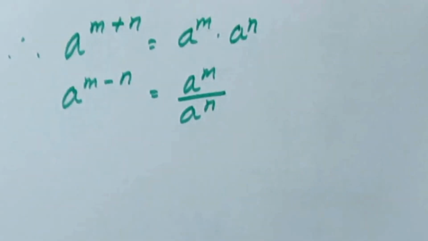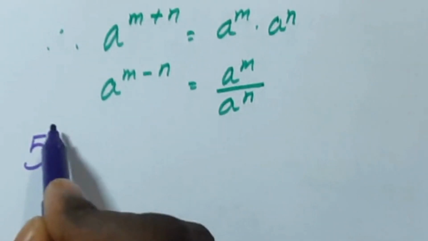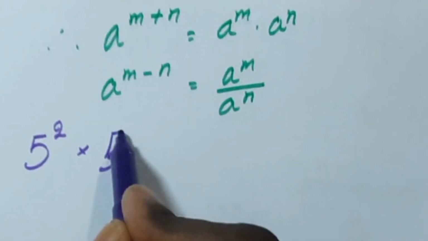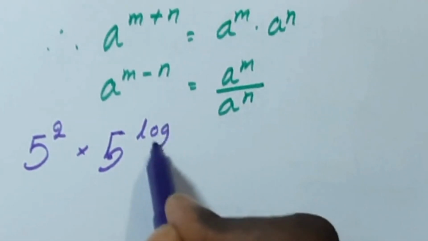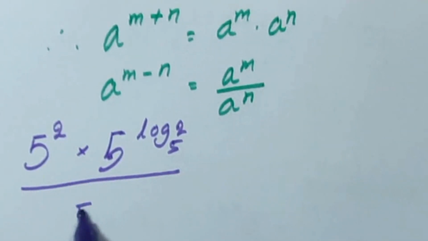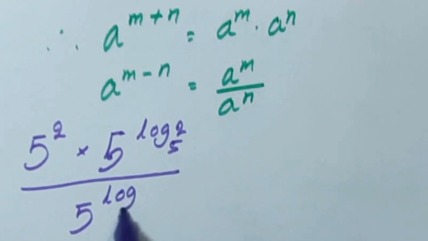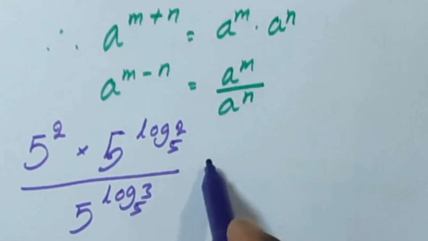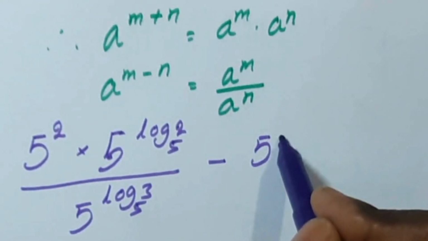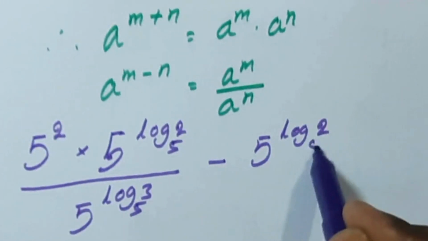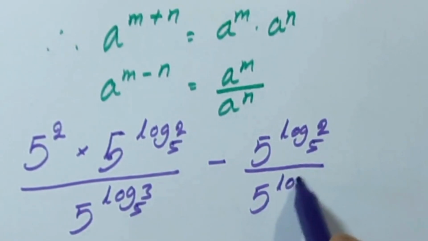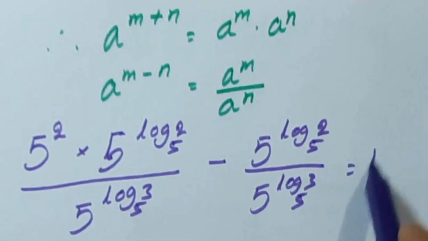This formula we are going to implement. Get 5 to the power of 2 times 5 to the power of log 2 base 5 by 5 to the power of log 3 base 5 minus 5 to the power of log 2 base 5 by 5 to the power of log 3 base 5 equal to 16.